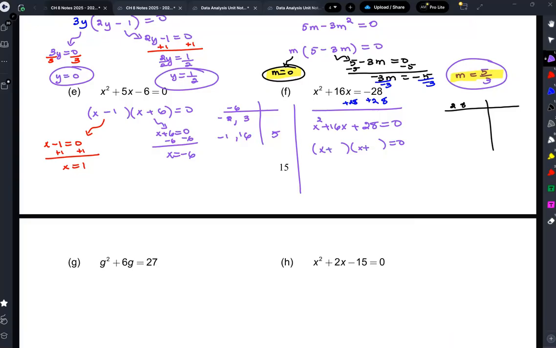I need the factors of 28. So I start with 1. 1 and 28. Does 2 go into 28? Yeah. How many times? Twice. 2 and 14. 3 doesn't. 4 and 7. Do any of these add to 16? Yeah. 2 and 14.